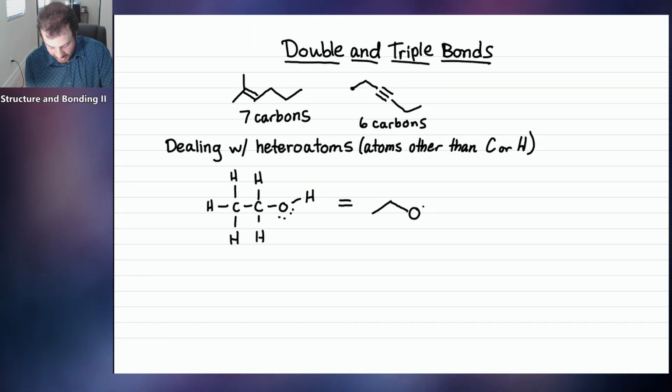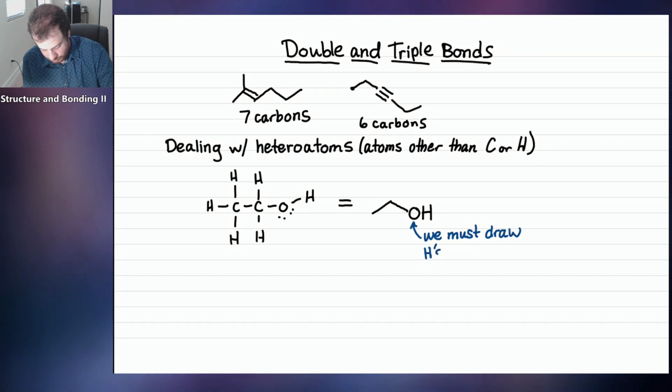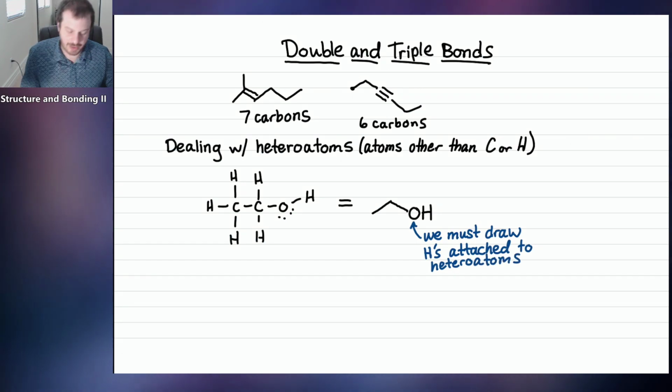And then connected to that oxygen, we have a hydrogen, so we just write an H there. Notice that we must draw all hydrogens attached to heteroatoms. So that would be how you can redraw that molecule as a bond line drawing.